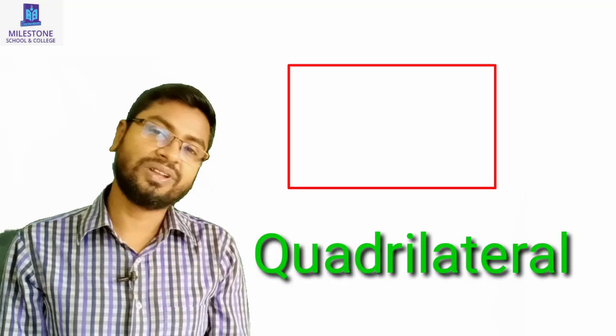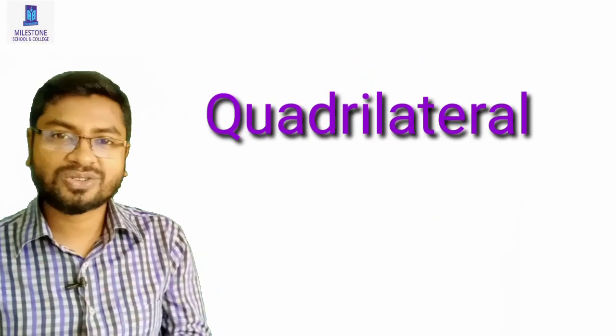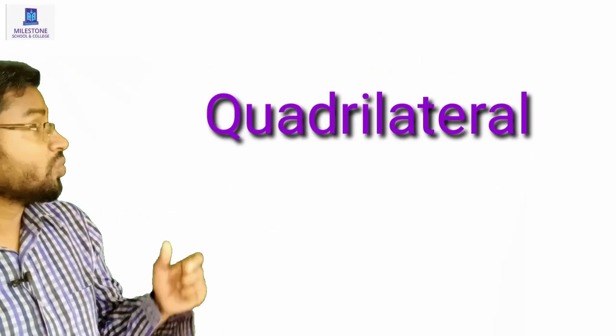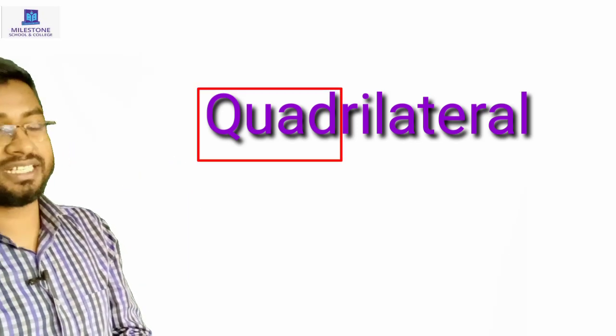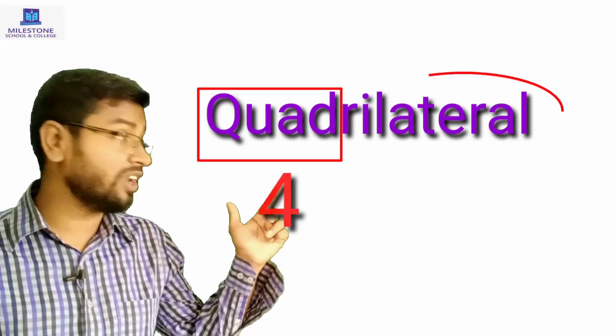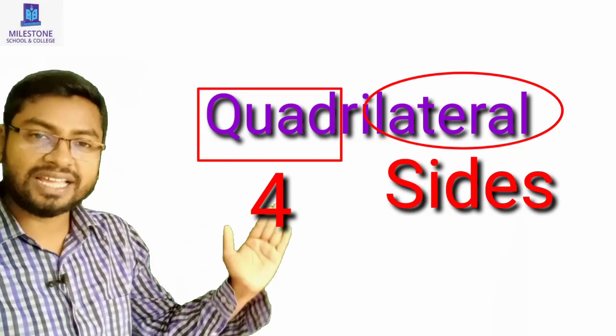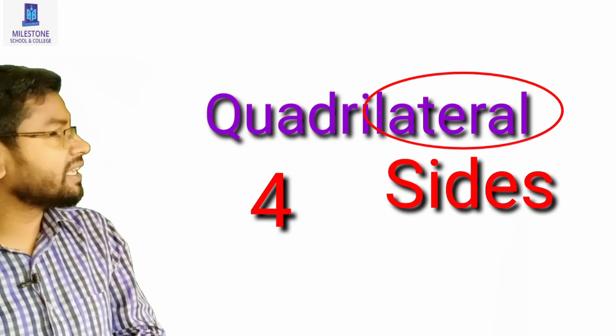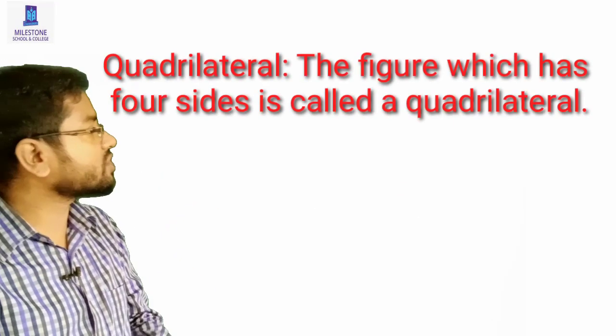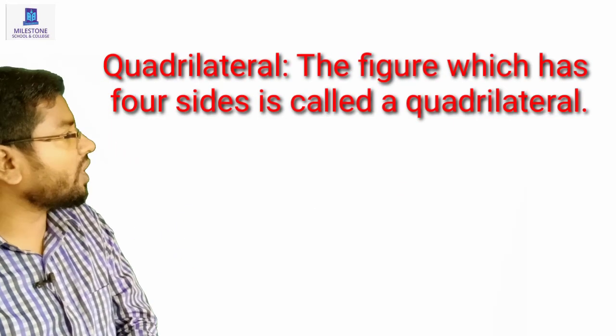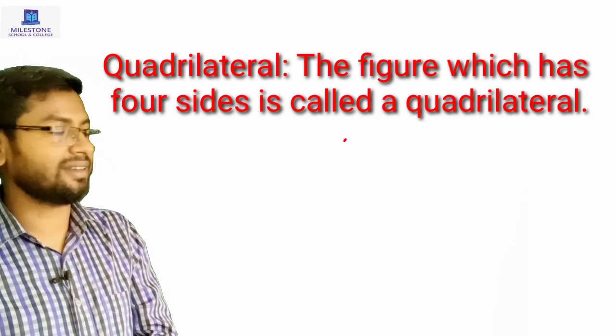Today we will learn quadrilateral. What is a quadrilateral? The word quadrilateral: quad means four, lateral means side. Four sides. The definition will be: the figure which has four sides is called a quadrilateral.